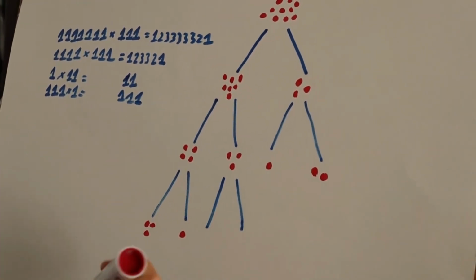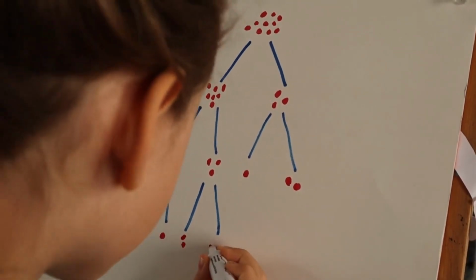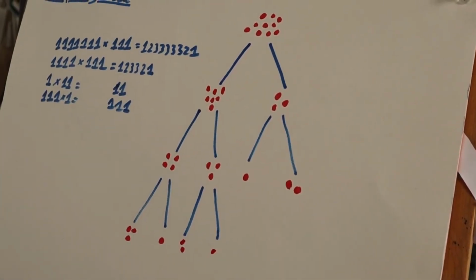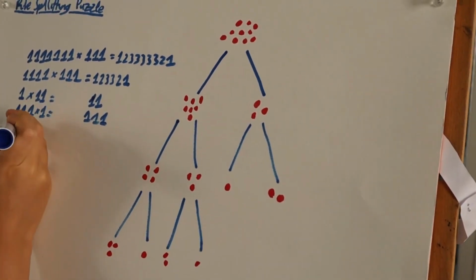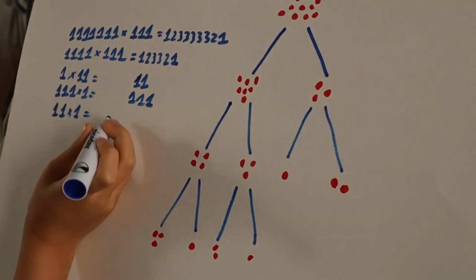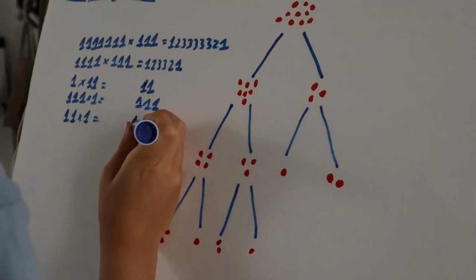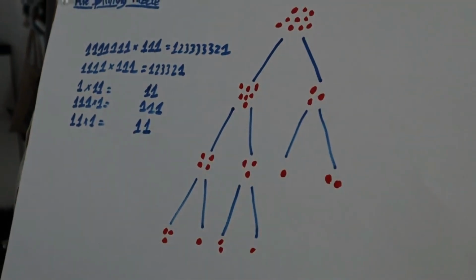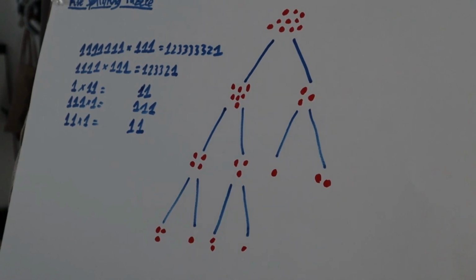Okay. You could also have done 1 and 2, but okay, you did 2 and 1. 1, 1 times 1. And that is going to be 1, 1. Okay, that one is done. We can't do anything anymore.